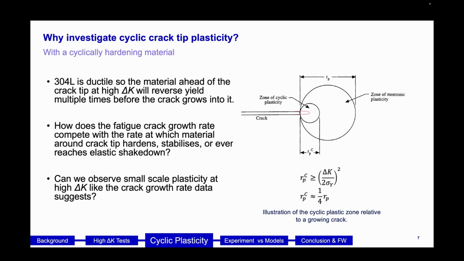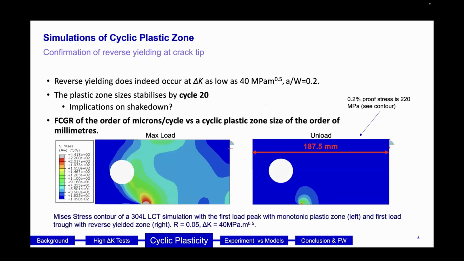So the first thing to do was to verify whether this was plausible to measure. A quick simulation with a simple isotropic model showed that there was indeed a reverse yielding zone in this material at the crack tip for delta K initially of about 40 megapascal root meters. On one side, we have a fatigue crack growth rate of the order of microns per cycle.